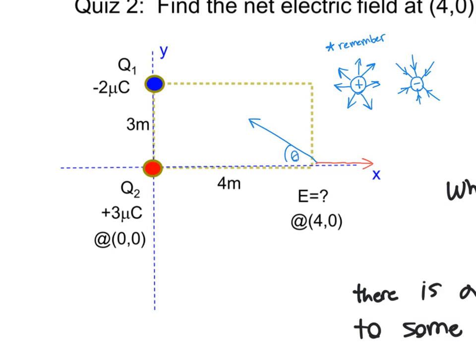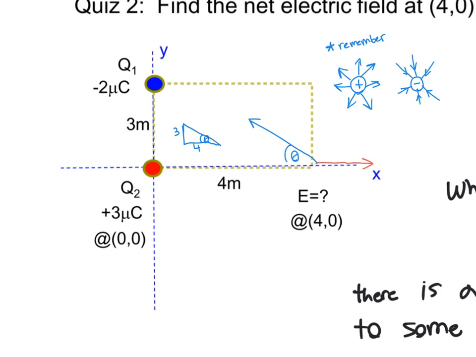So you can look at the E field vectors that are due to each point charge. Because we have to break this vector up into components, when we're looking for the net, we want everything in the x and everything in the y, and I'm choosing to find this angle here.